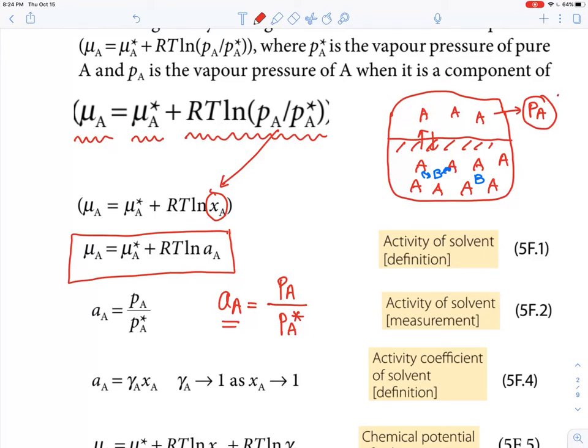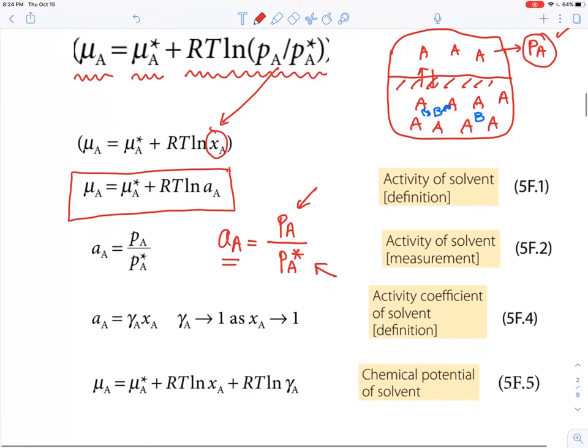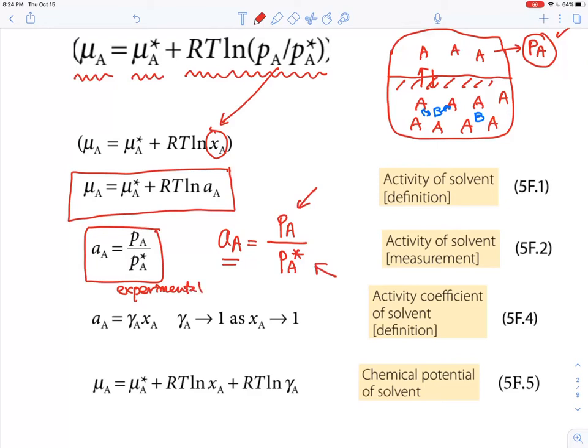So this real property is normalized by its own pure A vapor pressure, and that's what we define as an activity. This is just how the experimental measurement can be made here.